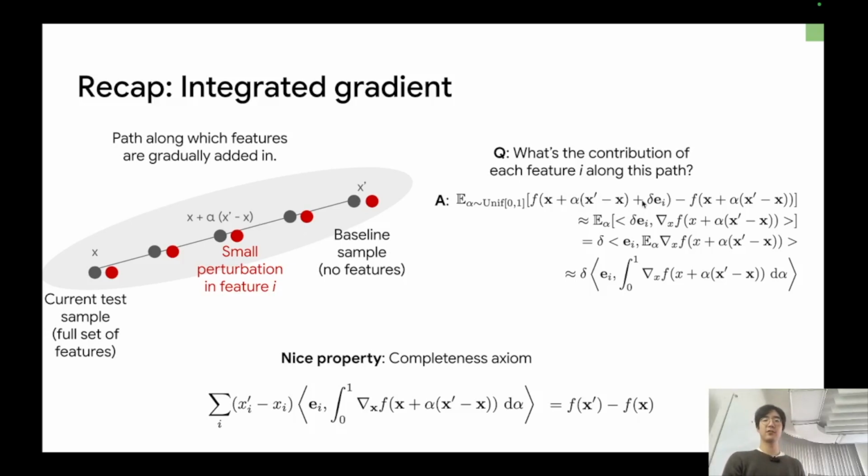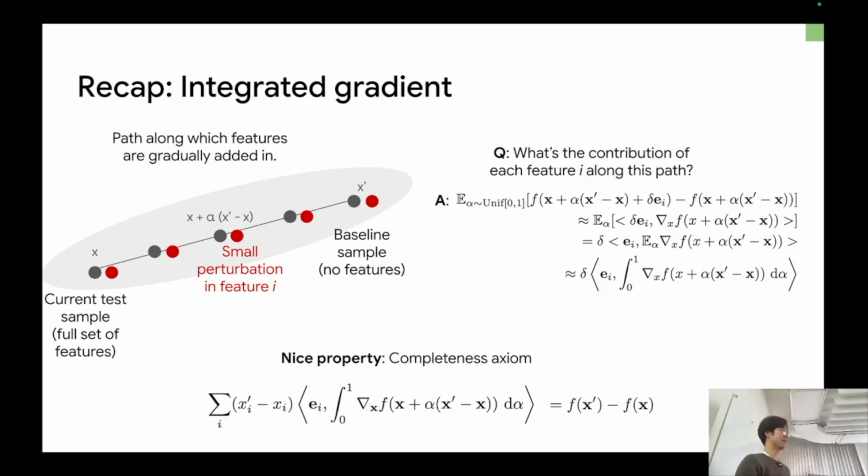So that's essentially just taking these small differences in function values along this path, x plus alpha times (x prime minus x), right? And then you're adding a small factor in feature i every time and see how that changes the function. And that's of course approximated by the gradient, and therefore you take the integral of the gradient along this path, and that's why it's called integrated gradient.